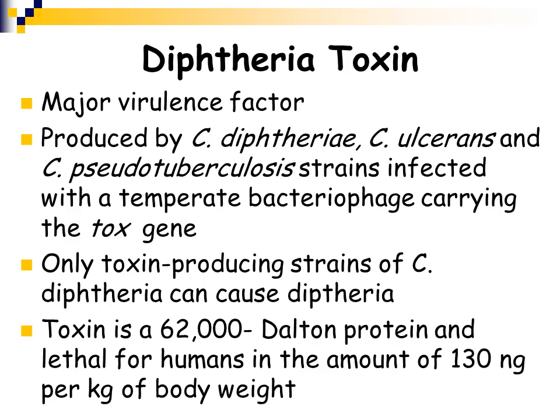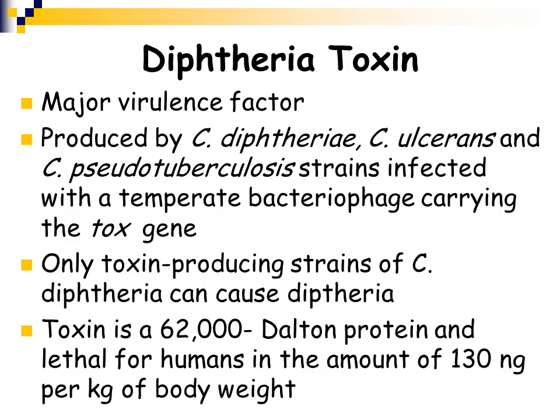What happens is some of these strains, if they have a bacteriophage, a virus that infects bacteria, that has the tox gene, then those organisms are able to produce the diphtheria toxin.